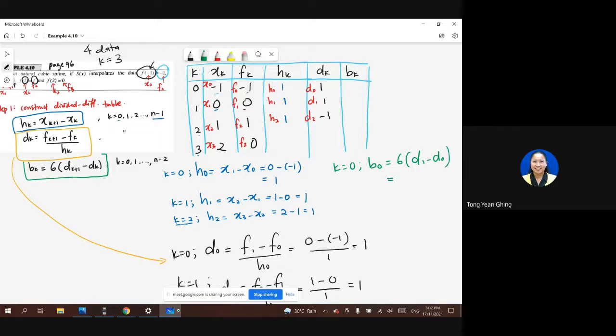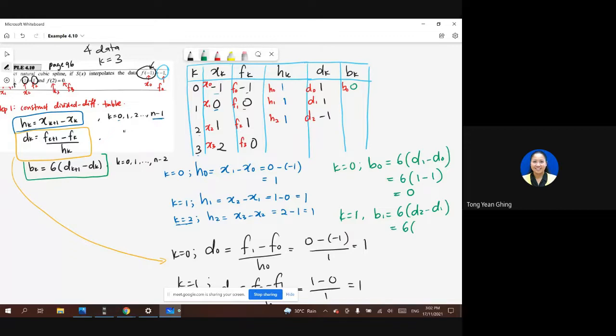So that means 6 times D1 is 1 minus D naught is 1 as well. So equals zero, 0. So that means here this is a 0. So this is B naught.